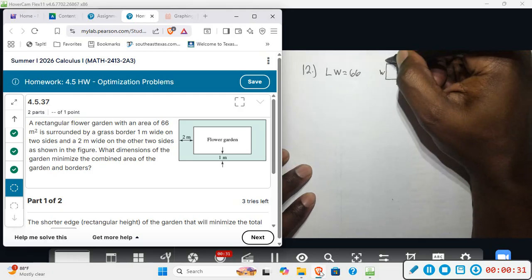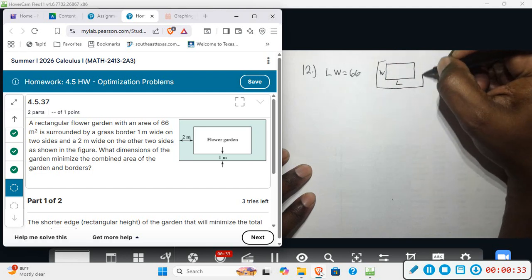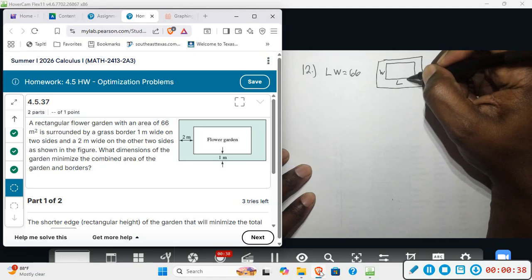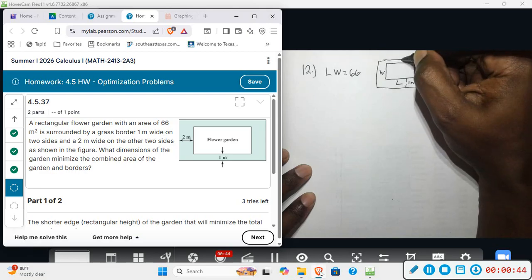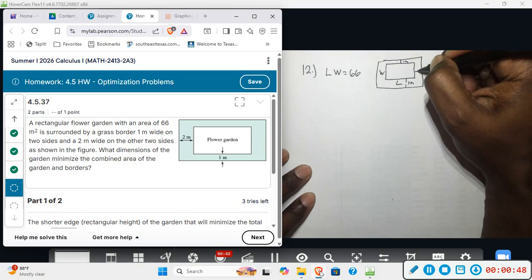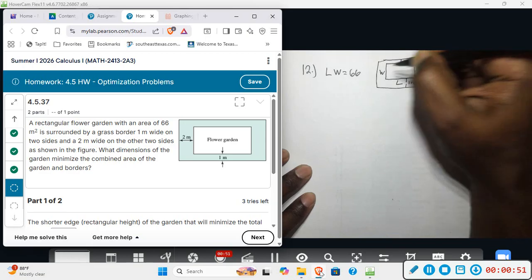And then we have distance on the outside. It says that there's 1 meter, 1 on both sides, and then there's a 2 meter span here on both sides.